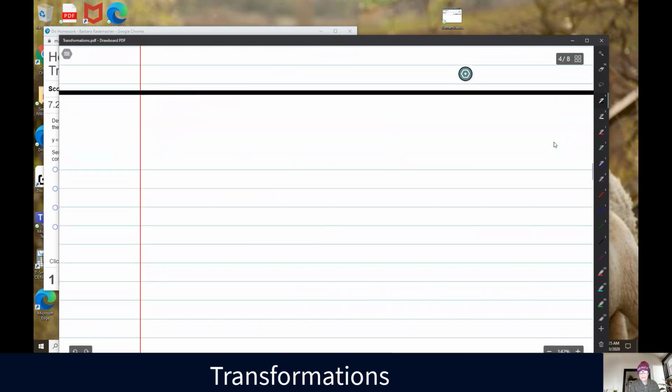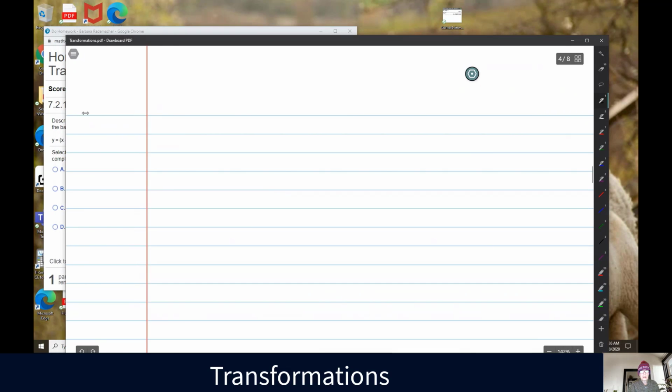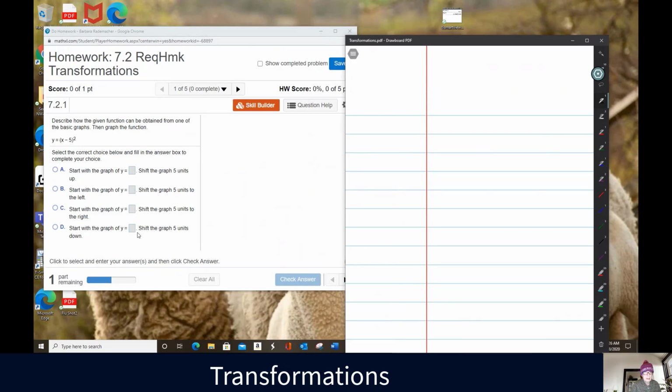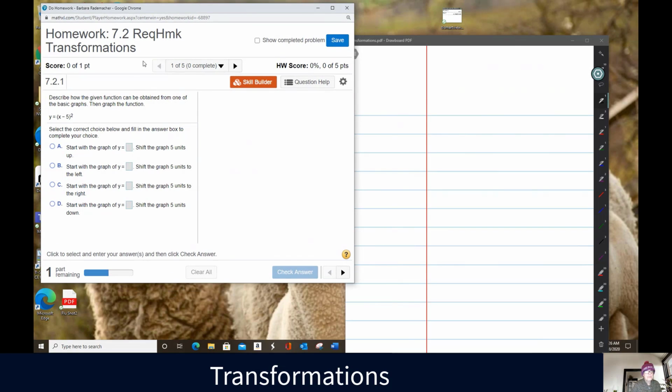So let's get some more pages up here, I need to write these down. Okay, this is number 1 in your first homework, transformations.